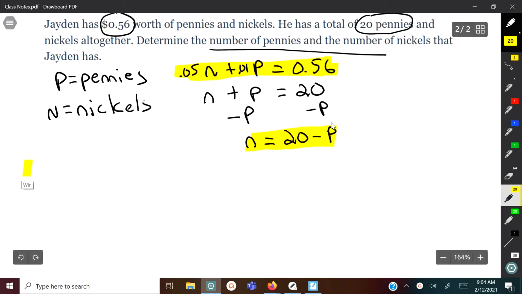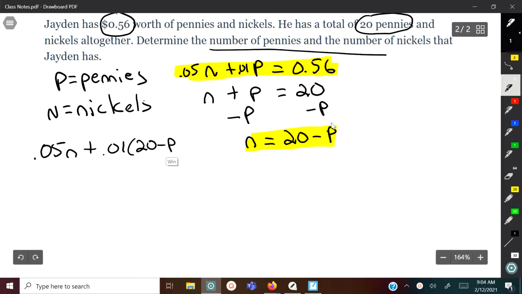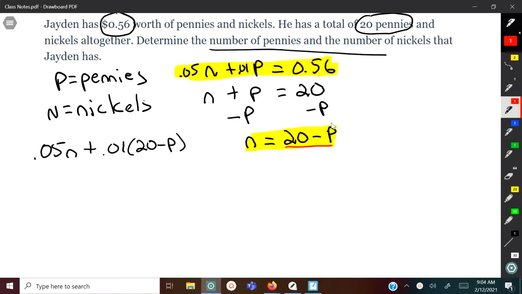I got 0.05 N plus 0.01 times 20 minus P. And what I did is I took the N, which is equal to 20 minus P, and let me back up.